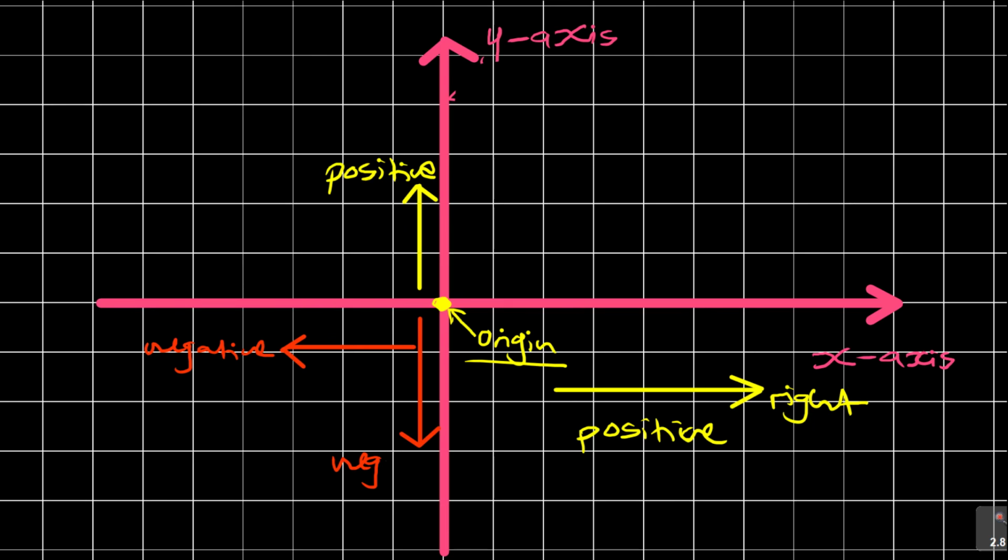It's more like in real life: when things are going down, we say it's negative circumstances. When things are going up, it's linked with positive. When things are going right, it's linked with positive, but when things are going to the left, it's sometimes linked with negative. So this is very important in your Cartesian plane.